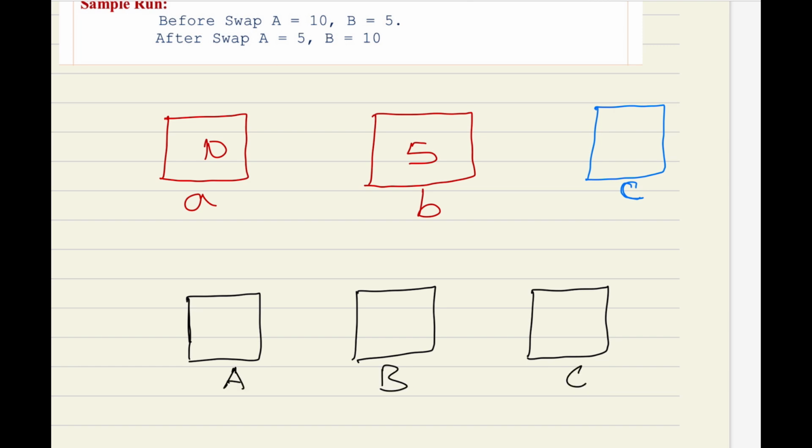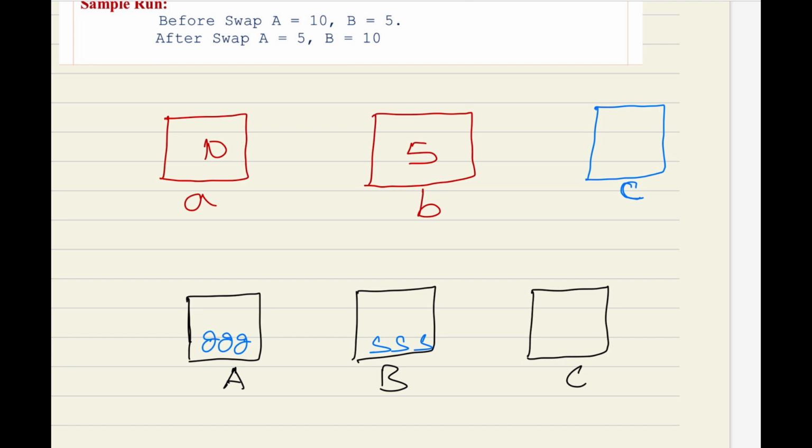Now box A contains some gold items. Similarly, box B contains some silver items and box C is empty.